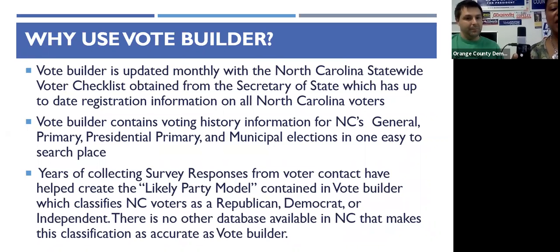It has years of collected survey responses from voters. Contact has helped create the likely party model, which classifies North Carolina voters as Republican, Democrat, or Independent. There's no other database available in North Carolina that has this much exclusive information.